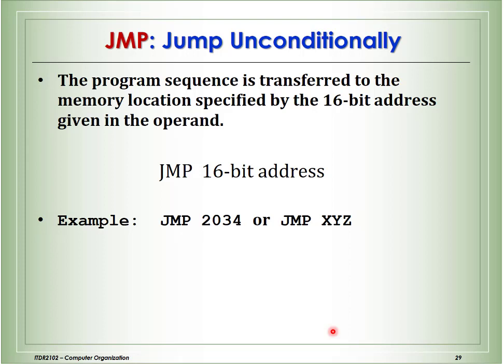This command is used like in a high-level language. If we want to move from one location to another, from one program to another, we use this jump opcode in assembly language.